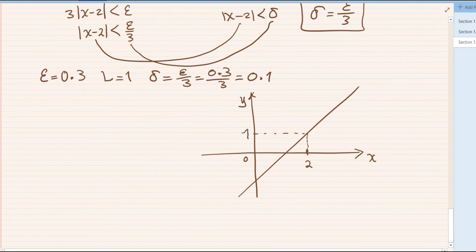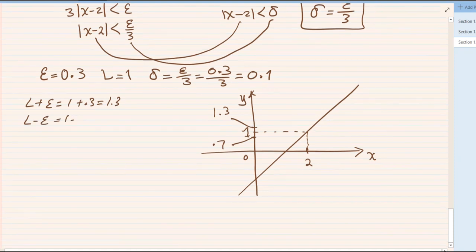I want to be within 0.3. So, there you go. L plus epsilon is 1 plus 0.3, which is 1.3. And L minus epsilon is going to be 1 minus 0.3 or 0.7.